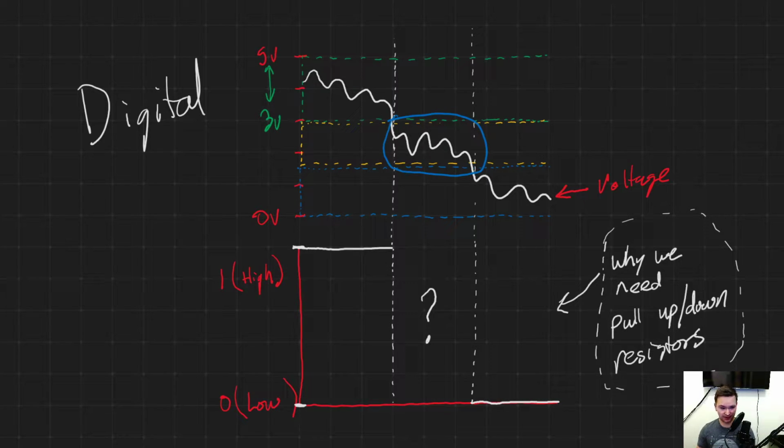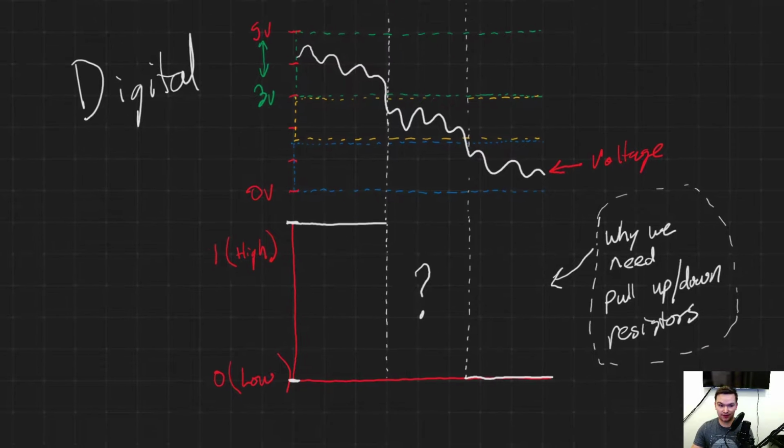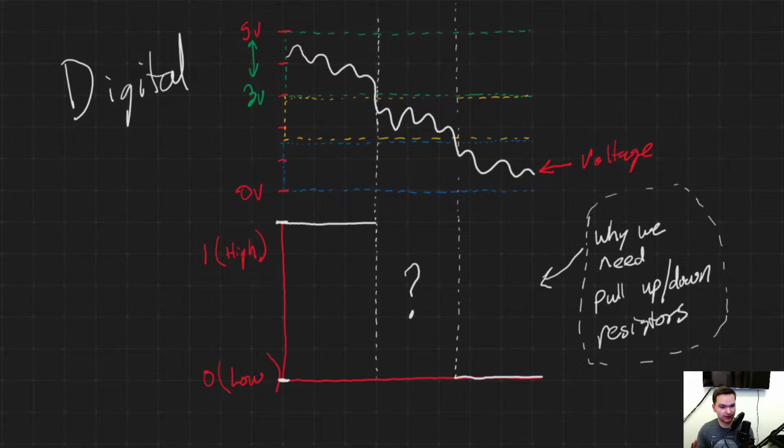It totally depends on a bunch of different factors. So that's why we have this unknown region. And that's why we need pull up or pull down resistors in our buttons, because when we're in this weird middle zone, it doesn't know whether to say the button's pressed or the button's not pressed. So that's your digital signal.